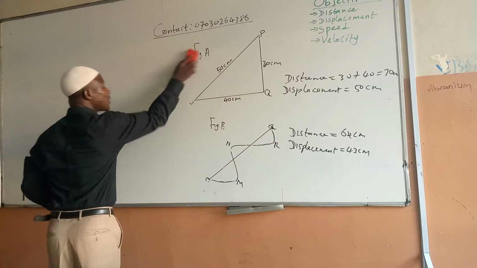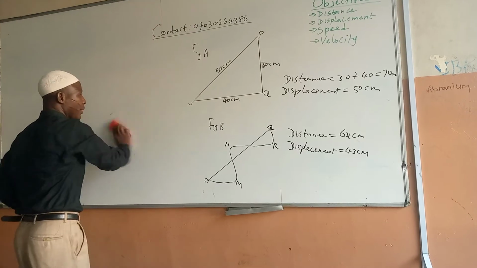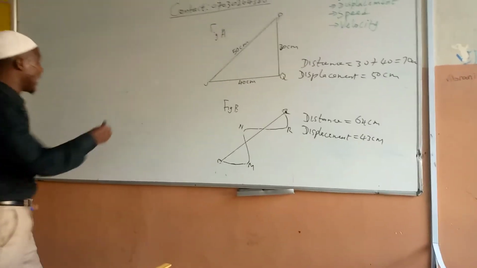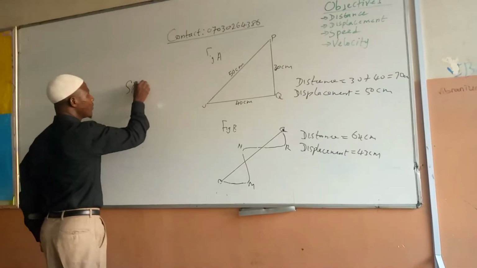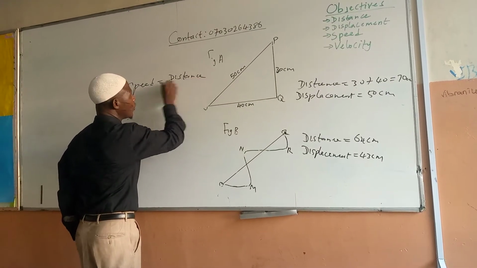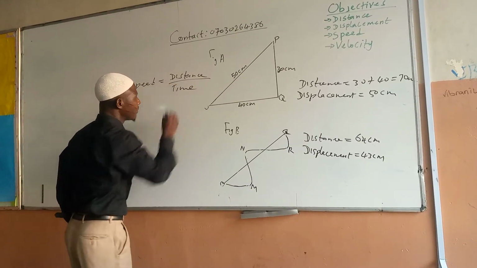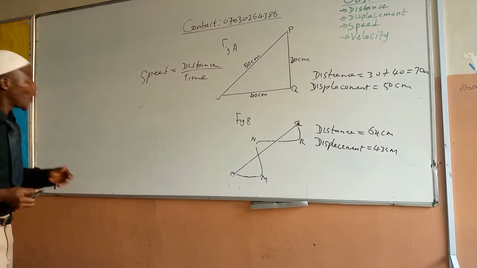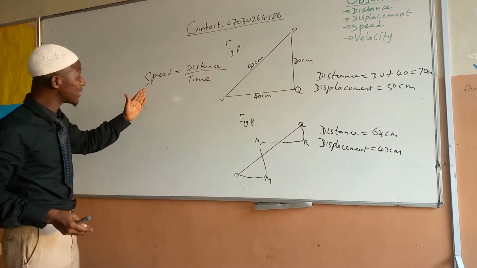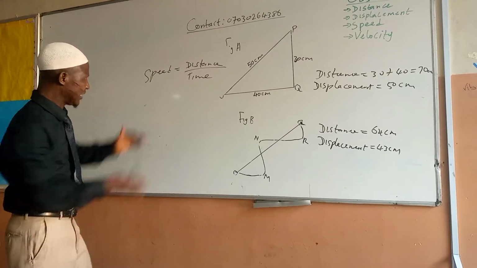Now, speed is the distance covered over time. Distance covered per unit time. Therefore, speed is equal to distance over time taken. Now, if you look at it very well, under what will you classify this speed? Is this vector quantity or scalar quantity? Let's look at it.